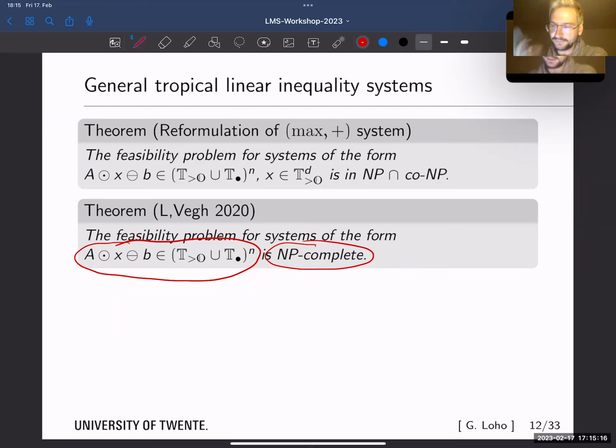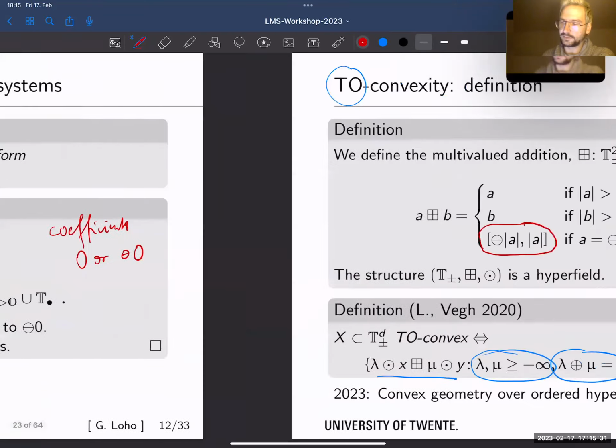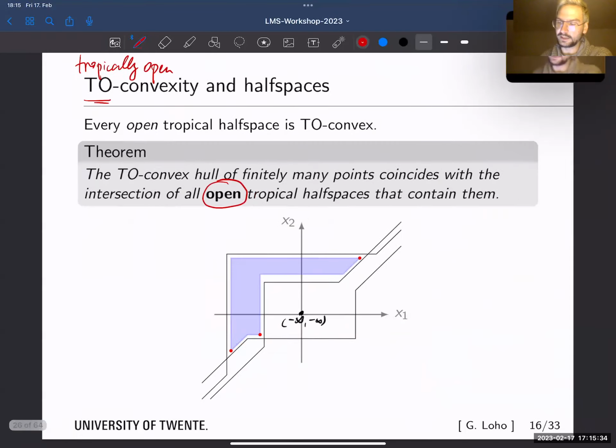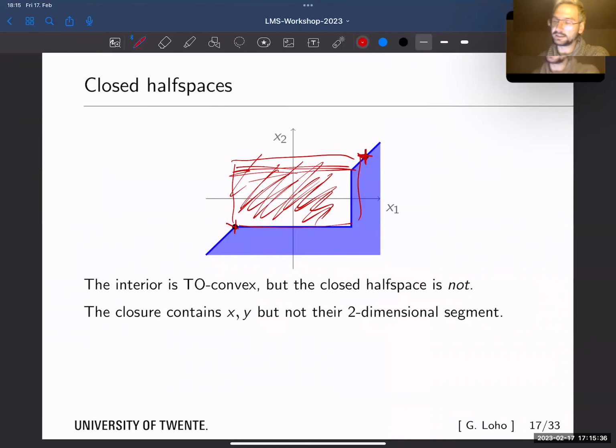So really the fact that these half spaces are not TO convex is kind of reflected in the fact that we get an NP complete problem. So there's really something interesting going on in the interplay between the geometry and the algorithmic problems.